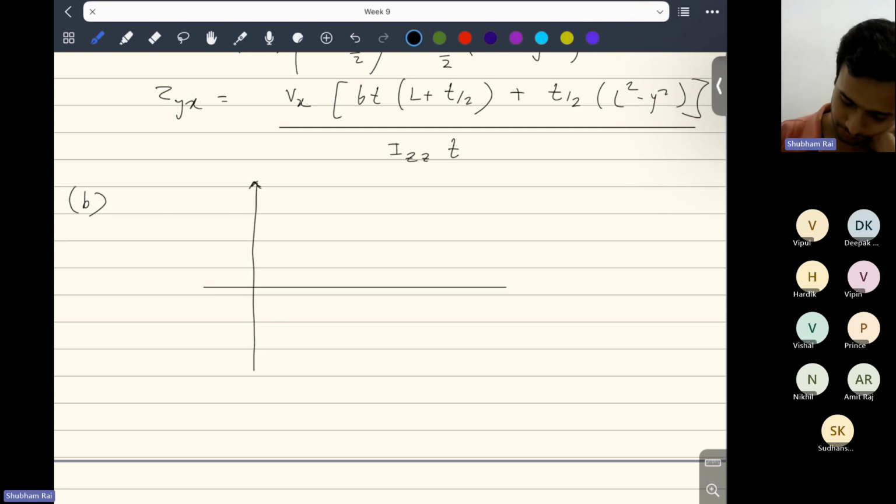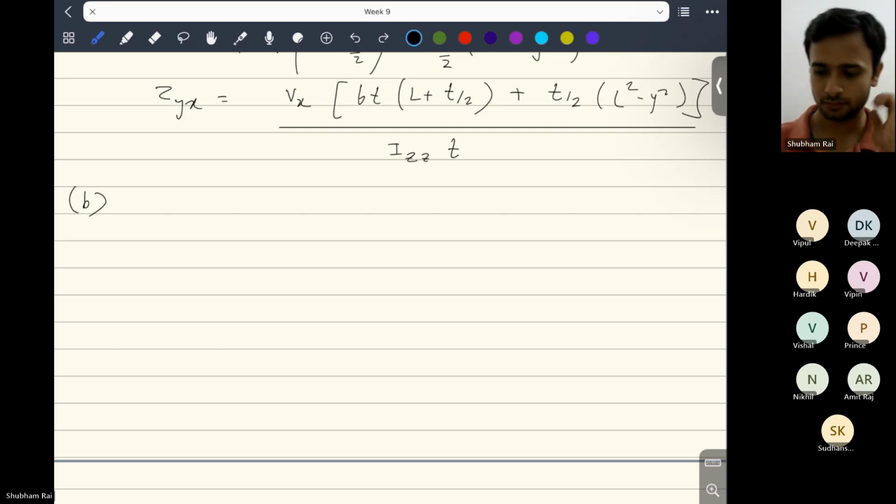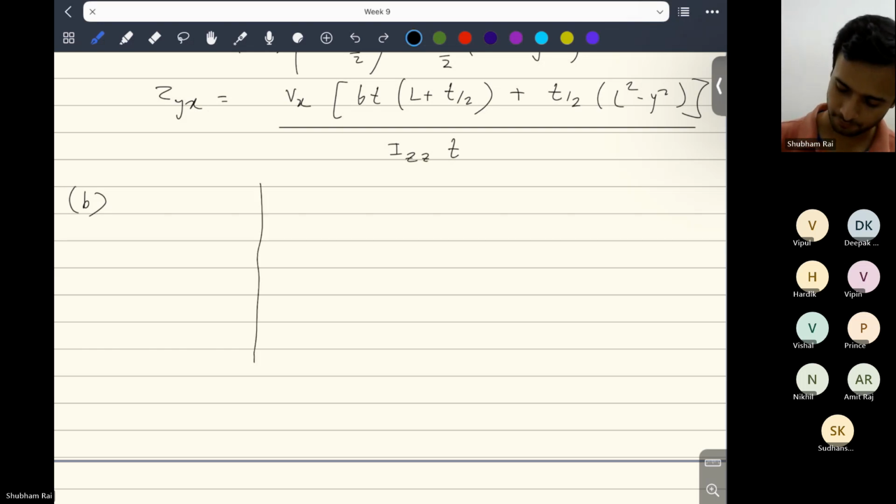Let me firstly draw, then I will plot. So here I'm drawing the flange and the web.